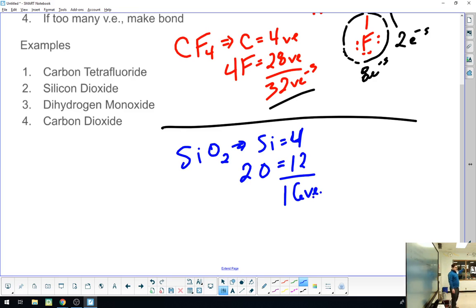So we got silicon's 4 valence electrons, oxygen is 6, there's 2 of them, so you got 12 in total. So let's draw this out.